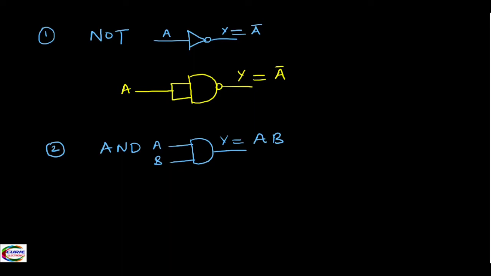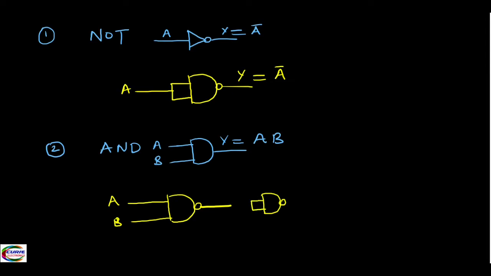We know NAND gate is a complement of AND gate. So once we complement the NAND gate, we will get the AND gate. So this is the NAND gate. We have two inputs, A, B. Now if I put a NOT gate here, I will get the output as AND.